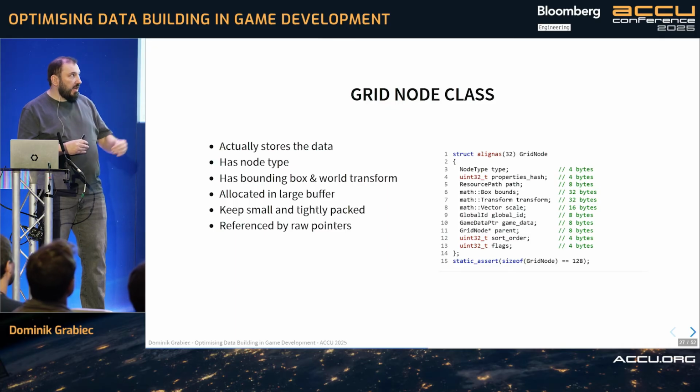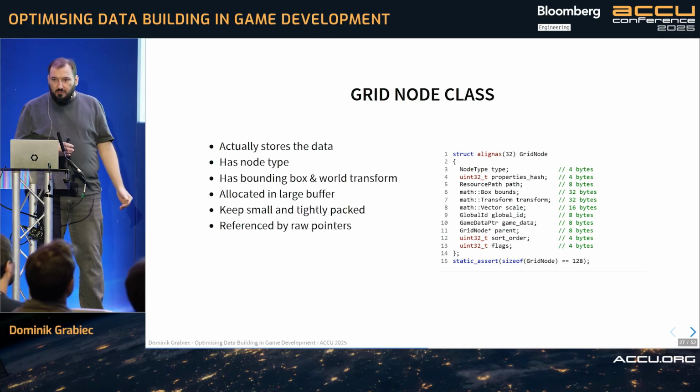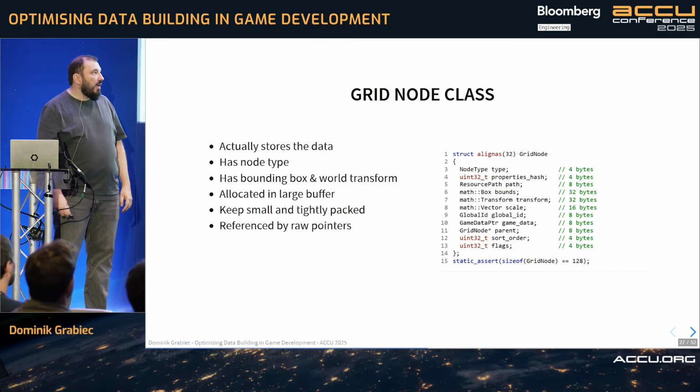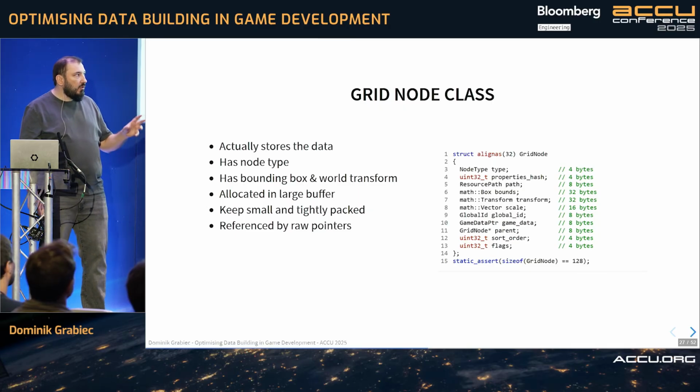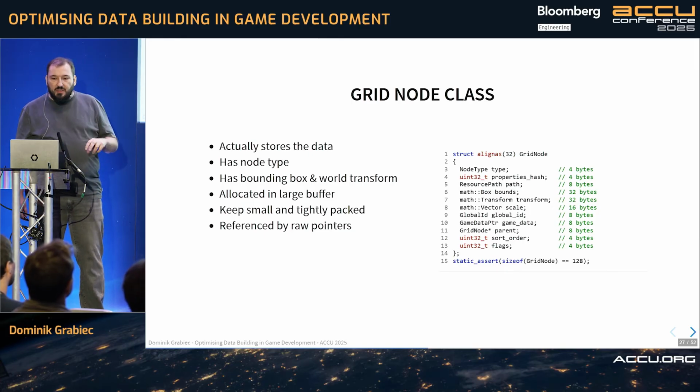So bitpack everything. If you're on Windows, which most game developers would be, you'd be using pragma pack to make sure that everything's next to each other. And the other thing is that you want to store indexes to other content, or pointers in this case, but you also want to store the things that you sort on, and that is important.